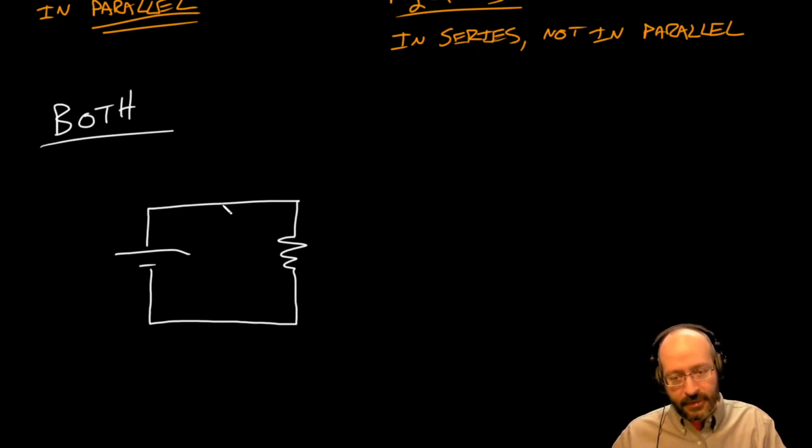So they share this node exclusively. Nothing else is connected to it. They also share this node exclusively. If I stick current down here, it's got to end up coming up through the voltage supply, and nothing else is connected here, so the current can't go anywhere else. So they share this node exclusively as well.